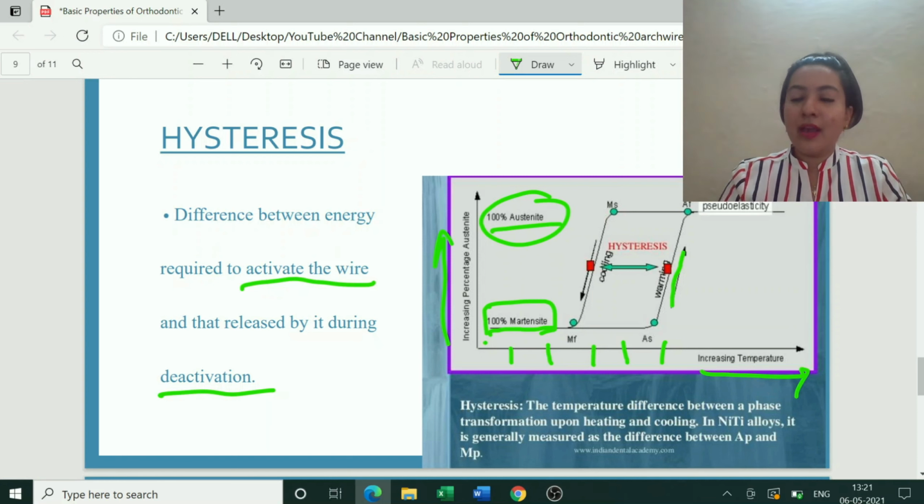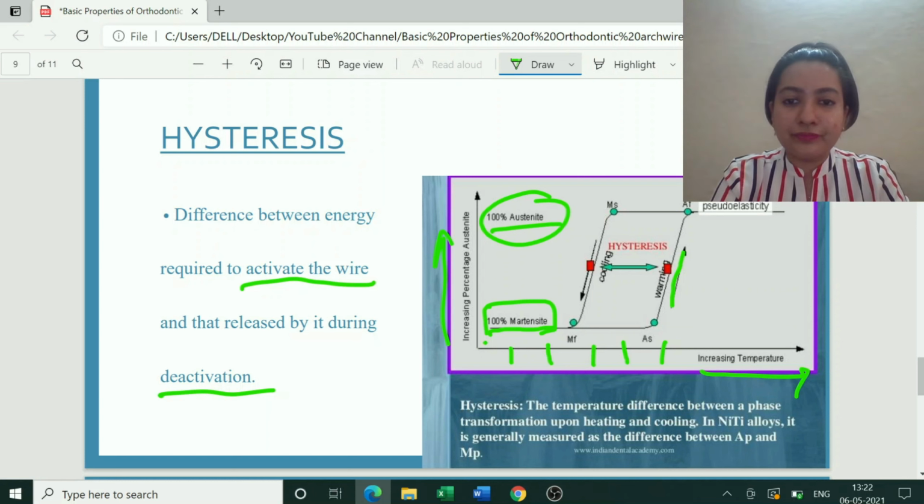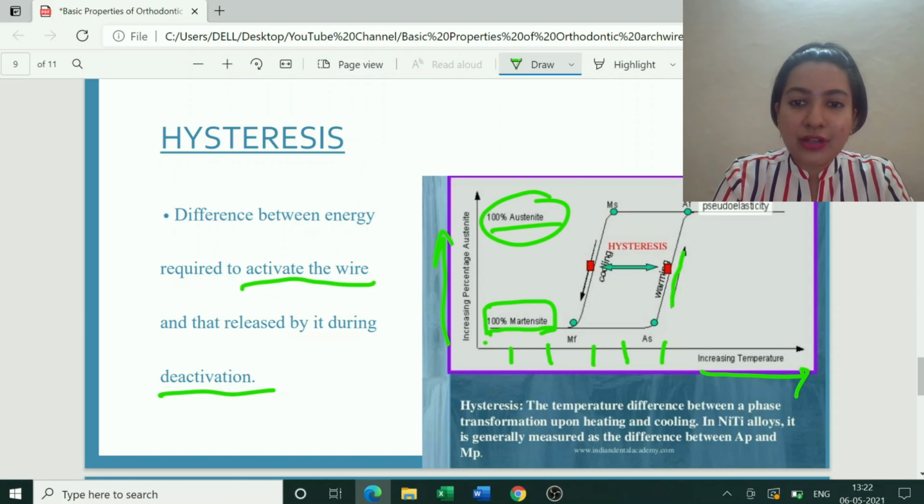So when I am heating it, it is getting transformed from martensitic phase to austenitic phase. And then there is release of energy. And then during the cooling phase, it comes from austenitic phase to martensitic phase. But what do you see? There is a decrease in temperature.